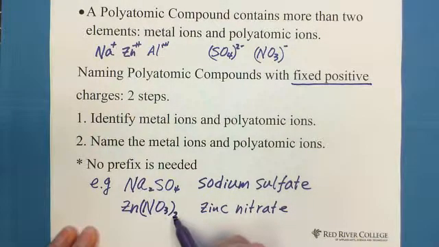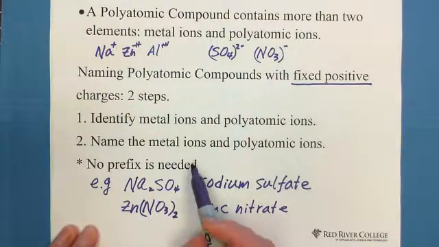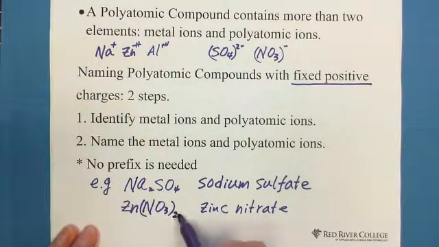You may be confused by this 2. When the positive charge is fixed, the subscript is just related to the formula, balancing the positive and negative ions. To name it, that's why we say no prefix is needed. Whether the subscript is 2 or 3, we don't need to worry. We just name the metal, zinc, then name NO3, nitrate.